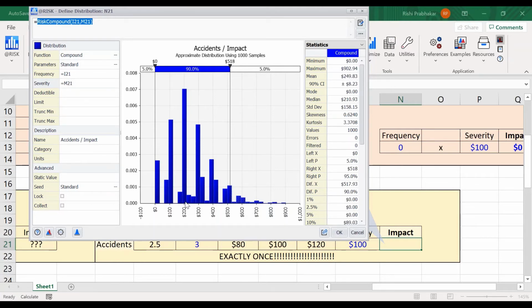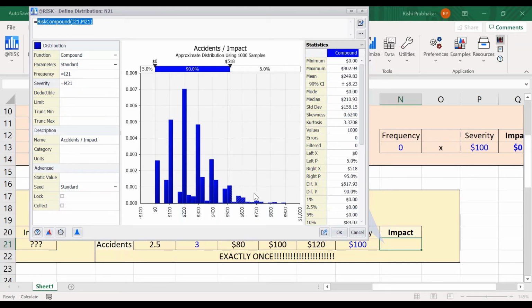Well, that's the scenario where there were 2 accidents, and it's centered around 200, but spread as it would be with 2 samples being added up. So you can kind of look at these numbers and go, look, theoretically, it could be something between 160 and 240. And the same for 300, 400, 500. So this multimodal shape is in fact an accurate model of the impact of this line item.